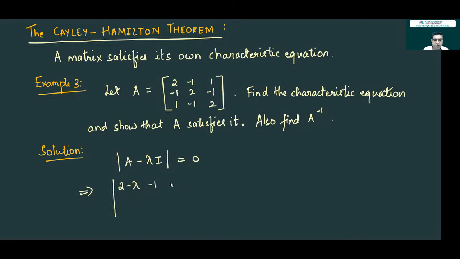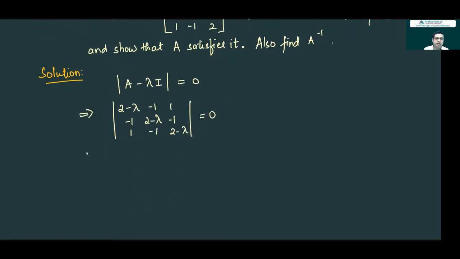All other elements remain the same. 2 minus lambda, minus 1, 1; minus 1, 2 minus lambda, minus 1; 1, minus 1, 2 minus lambda, equal to 0. So let us do this now.